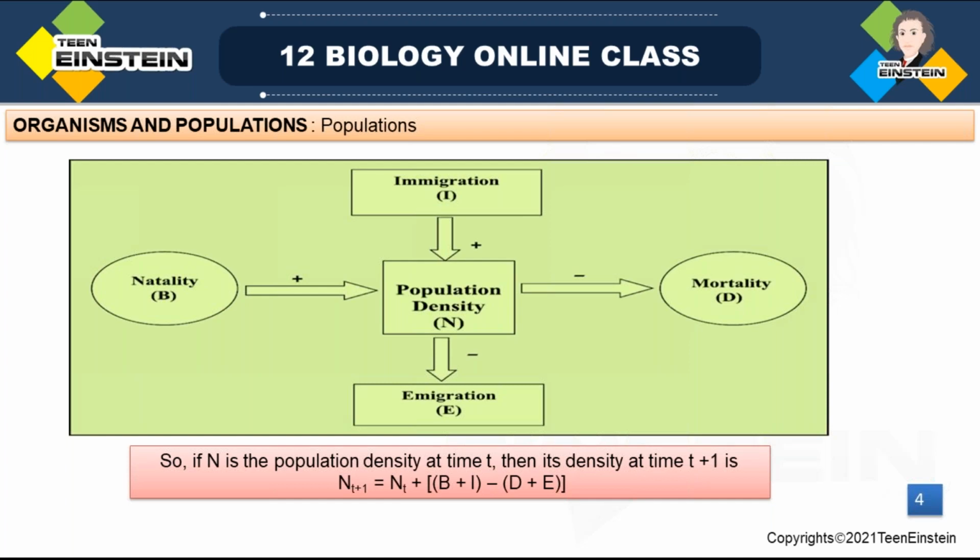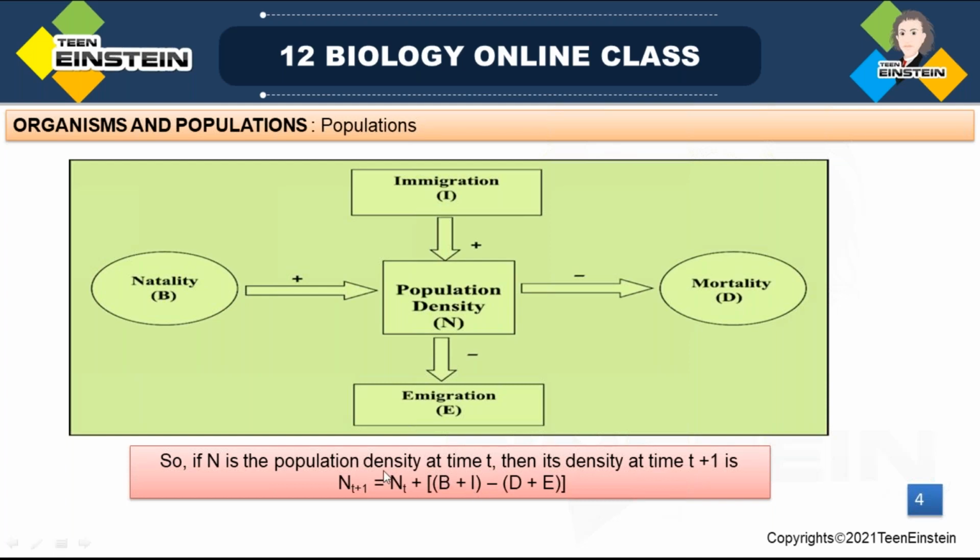At the same time, we need to deduct the number of deaths or mortality, plus emigration, those organisms who left the population, that also we need to deduct. So that gives the population density at a particular time period.